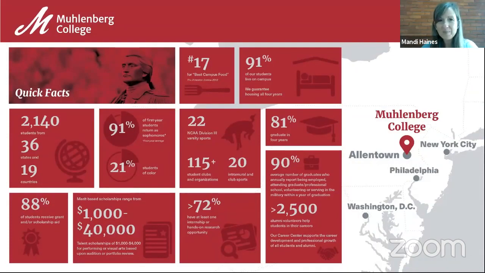So to all the parents out there, you can be assured that if your child comes to Muhlenberg, they're going to eat really well during their 4 years there, and really have a great experience in a community of people that is really caring. We're a college that focuses on kindness and civility and taking care of each other. I know all of our international students really well. I care about them. I stay connected with them throughout their 4 years at Muhlenberg.